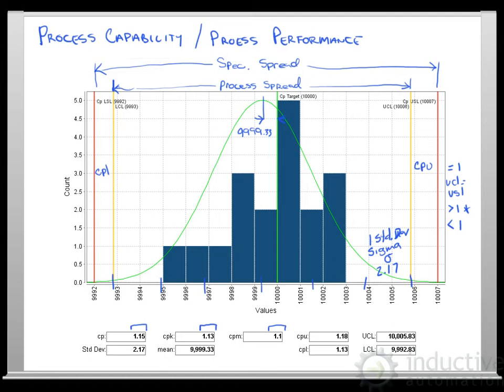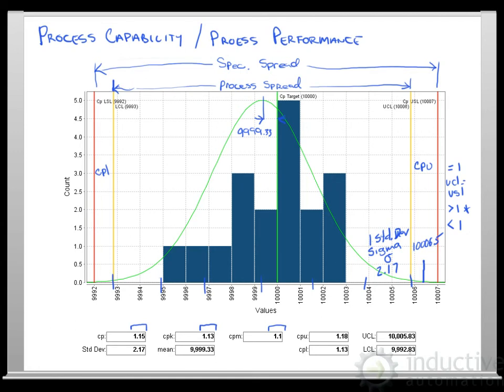So if you have a customer come to you and say, hey, we have this new product we want you to produce, but our upper spec limit is now 10,006.5, then you can change your spec limits on here, and it will tell you how well you can stay within that new spec limit.